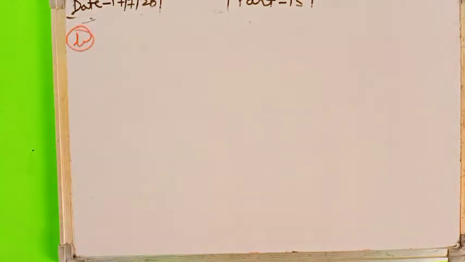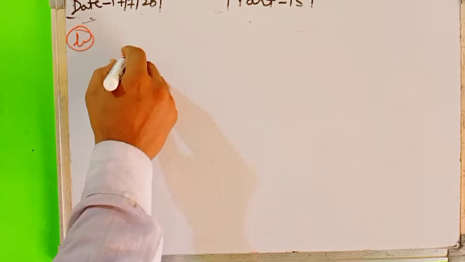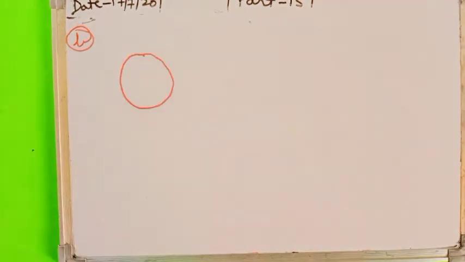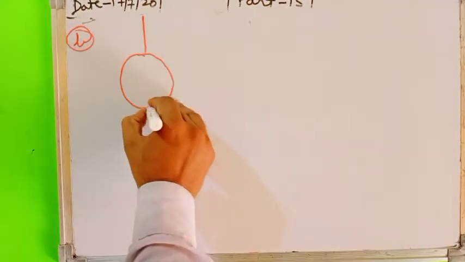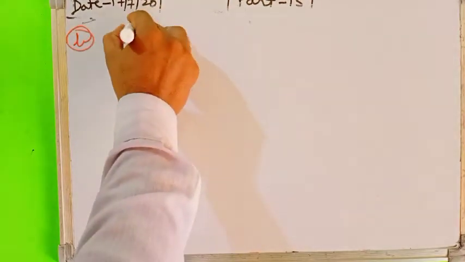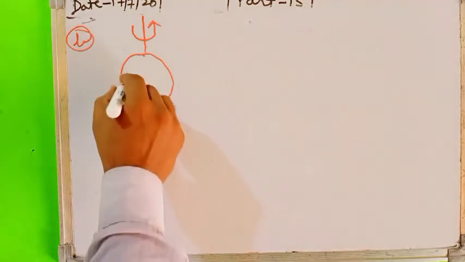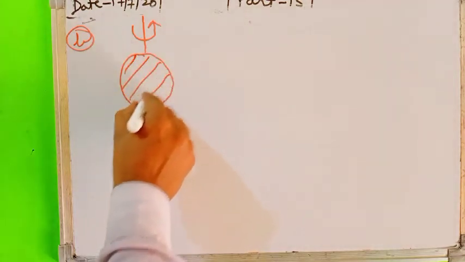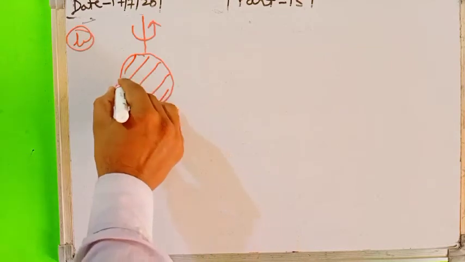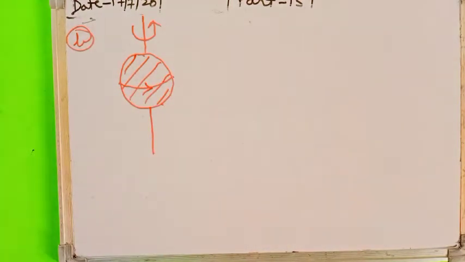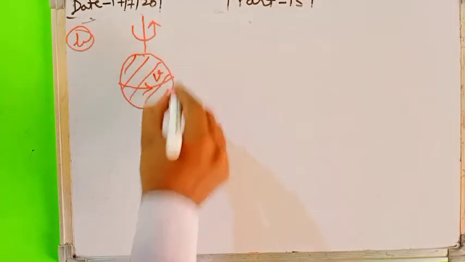Second example. This is Earth. This is the velocity of a point on the Earth, denoted by v.